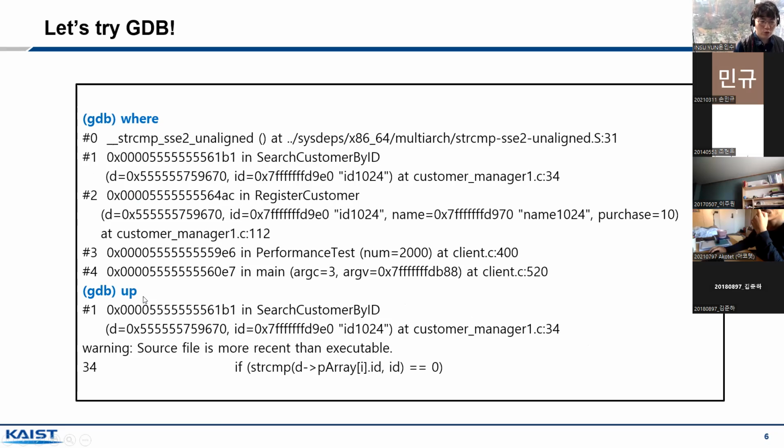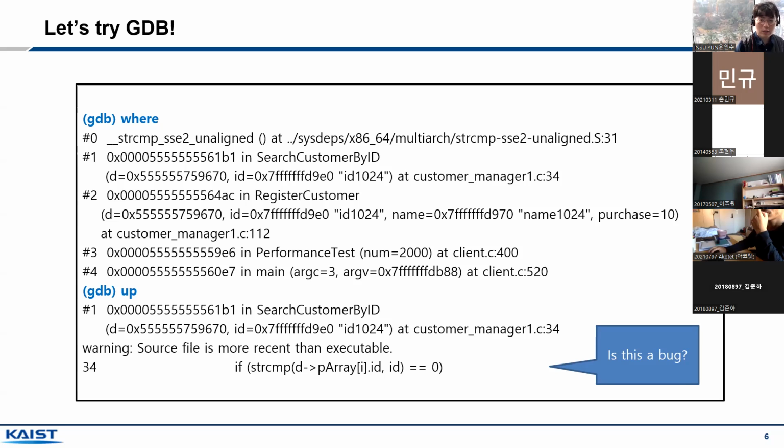If you try to see the code where this problem occurs, you might see that our program crashed at customer_manager1.c, which contains this string compare. But do you believe that this code caused the bug? Actually not. This code is where the bug causes the segmentation fault.